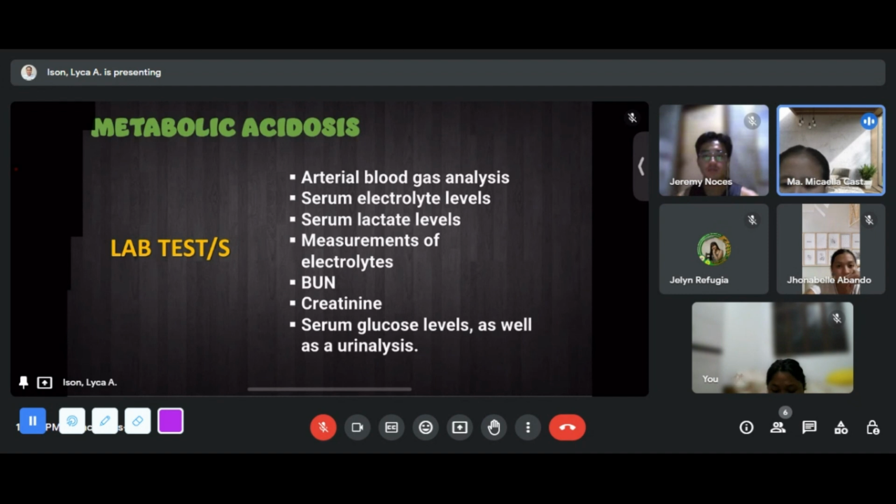Yung creatinine naman is test done to see how well your kidney works. And serum glucose level as well as urinalysis. Yung serum glucose level measures your blood sugar after an overnight fast, not eating.